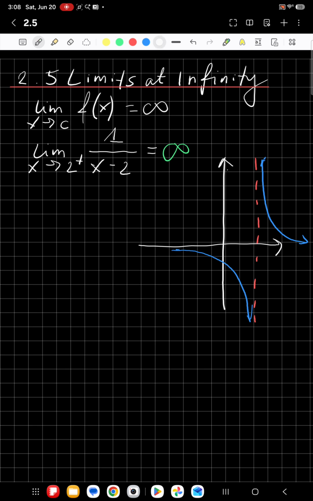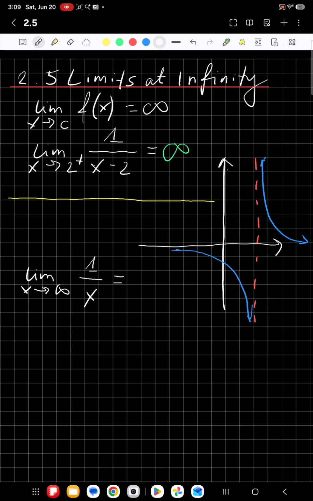So for limits at infinity, the difference is that x approaches infinity. There's like a line that separates those two. Let me show you the simplest limit at infinity, the basic one: limit with x approaching infinity of 1 over x.